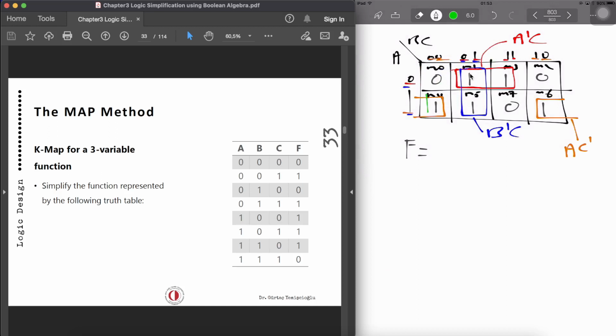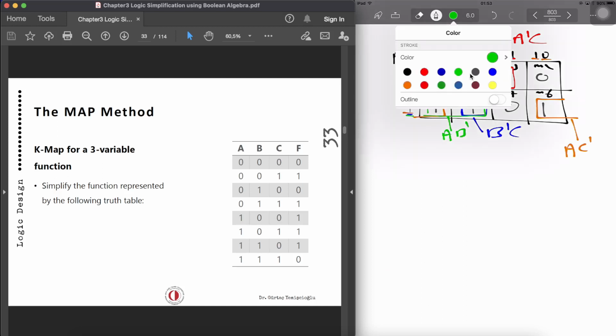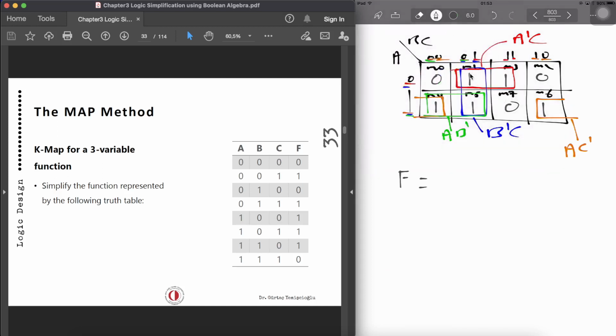So they also do M4 and M5. It's not wrong, okay? You can get an expression where A is 1 and B is 0, C is changing, so A, B prime. But when you want to write these expressions, you have to write the ones that you have covered.